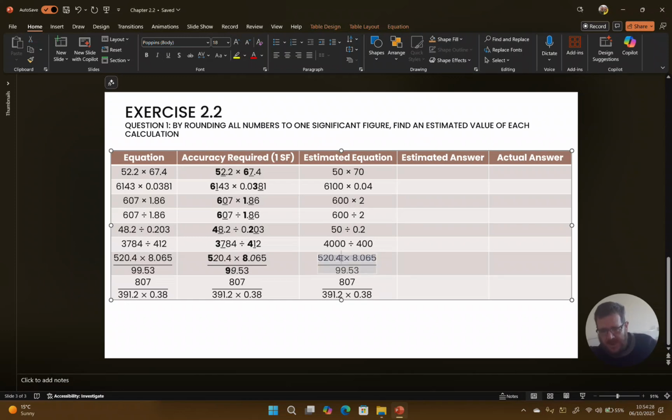So you've got then anything leading up to that decimal point, we can ignore. We have that, and then that decimal point we can ignore as well.